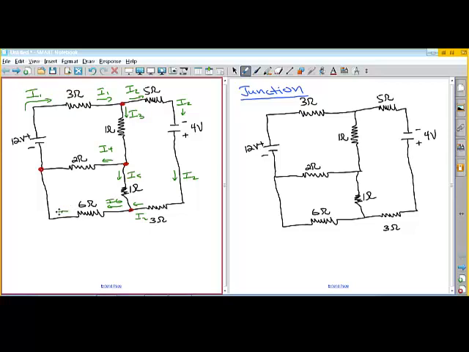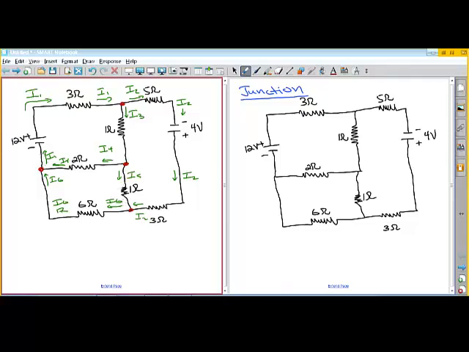And current 6 goes through there. So we have current 6 coming in, current 1 going out, and current 4 going in. So you see we have 6 unknowns, I1 through I6.